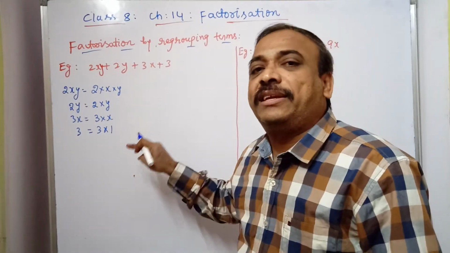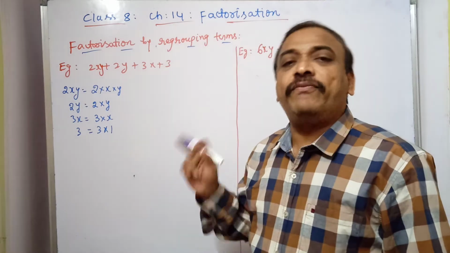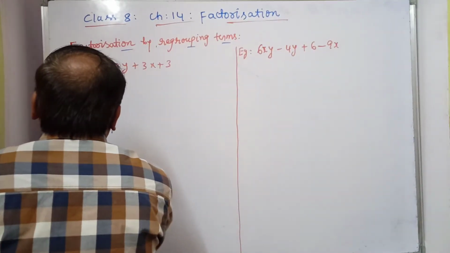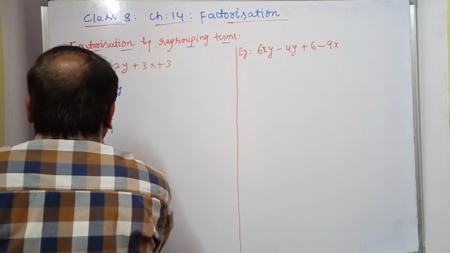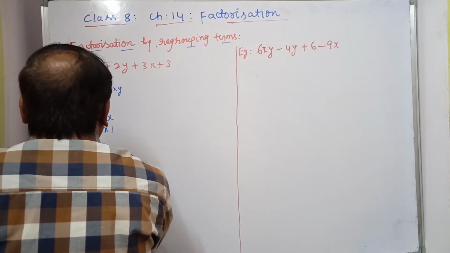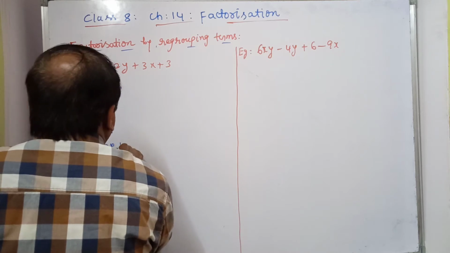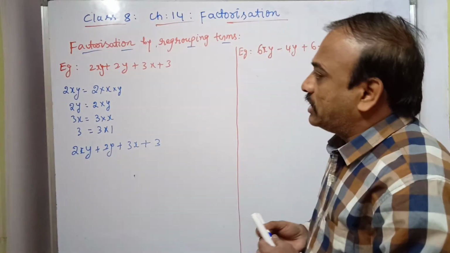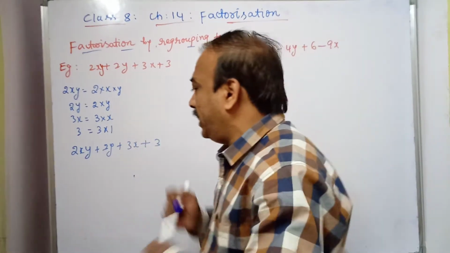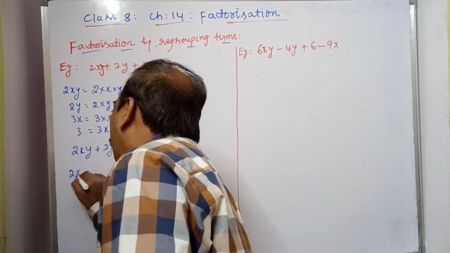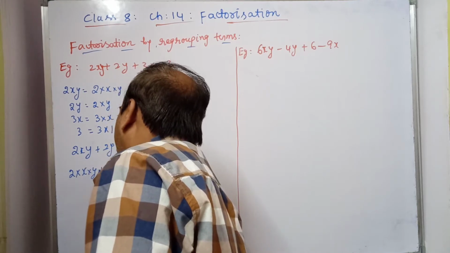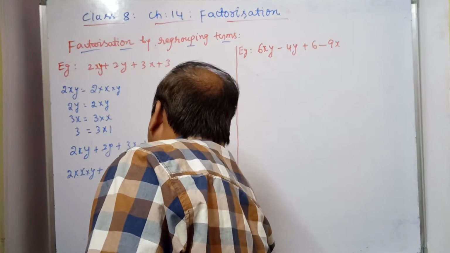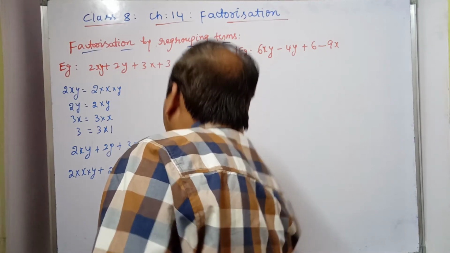Now it is necessary to write 1 as the factor. So we have 2 into x into y plus 2 into y plus 3 into x plus 3 into 1.